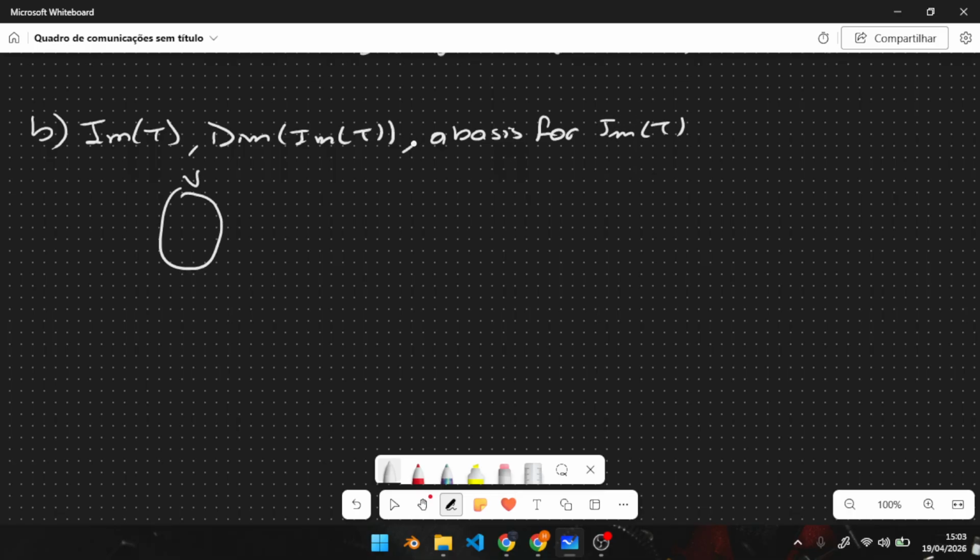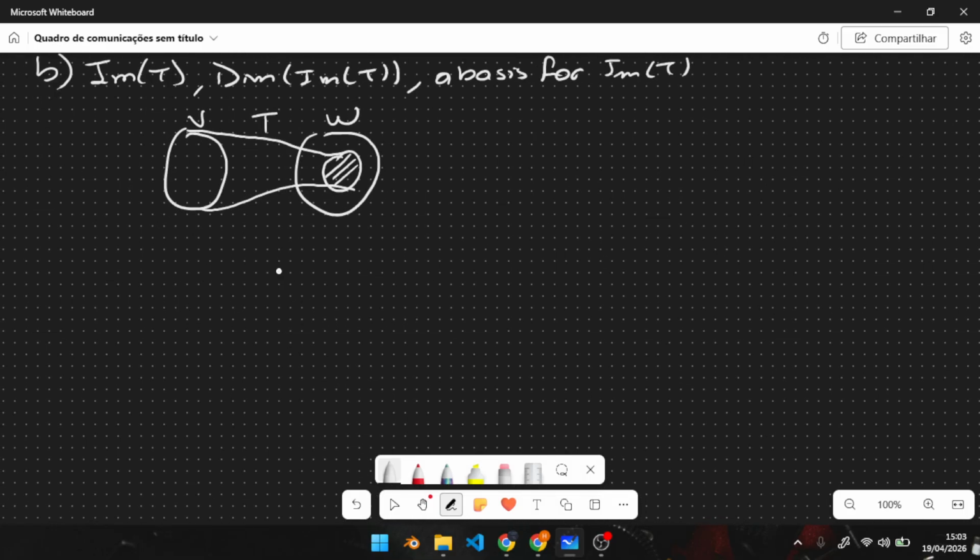If you go back again to this vector space that we had before, now instead of the subspace being here, it's going to be on W. So it's going to be a set of vectors which are basically the answer to the transformation of all the vectors in V. So what does that mean?